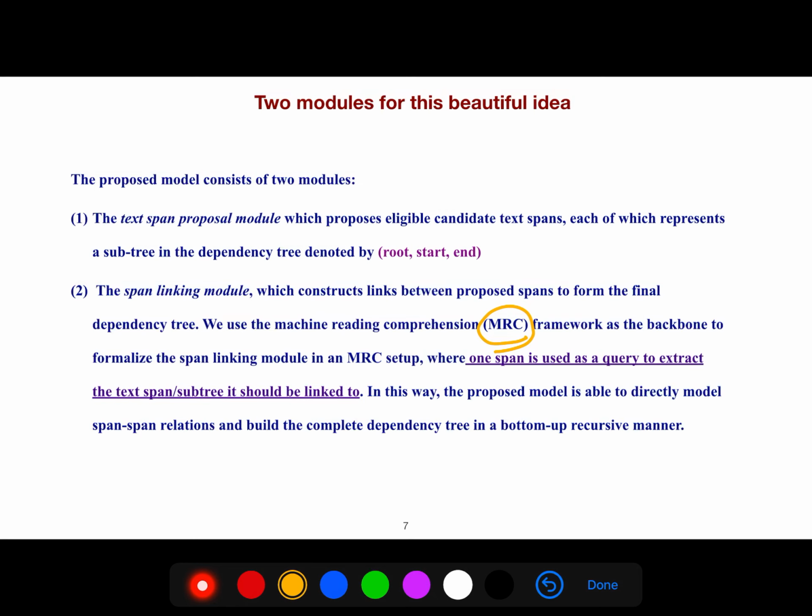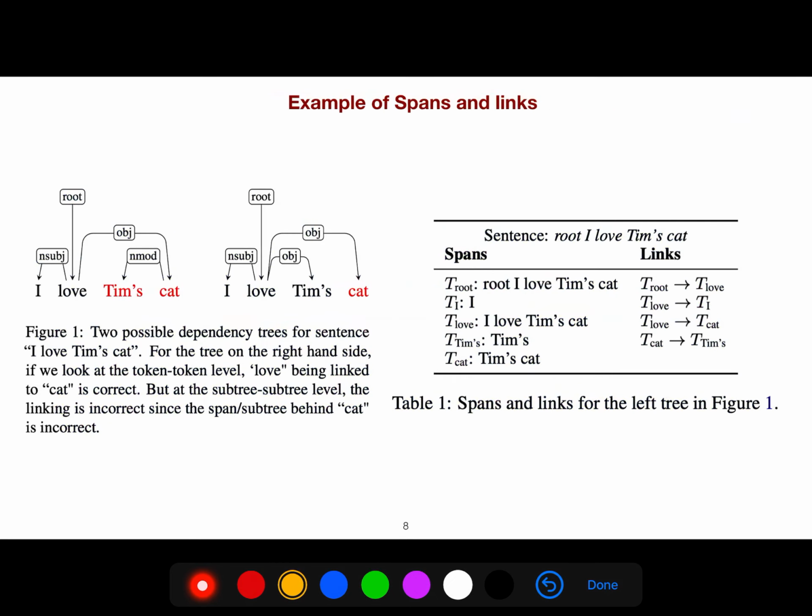So one span is used as a query to extract the text span it should be linked to. Instead of saying, for example, what is the similarity between two spans, which is not a good idea, the idea in this paper is to think of it as a query to find the answer. They noticed that this framework has a better result, and it's easier, of course.